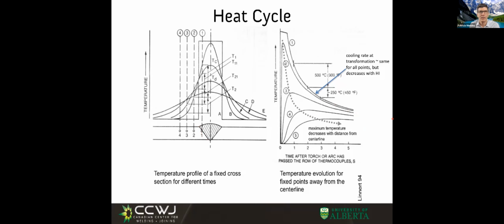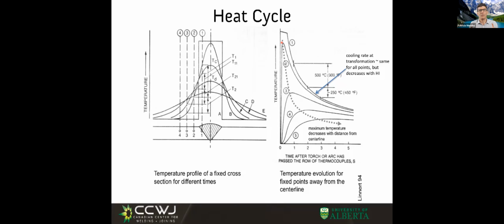However, the peak at the heat-affected zone is different. I'm going to get into this in detail in a few slides, but I tell you now, in the heat-affected zone, we have many different microstructures, but we have the same cooling rate.